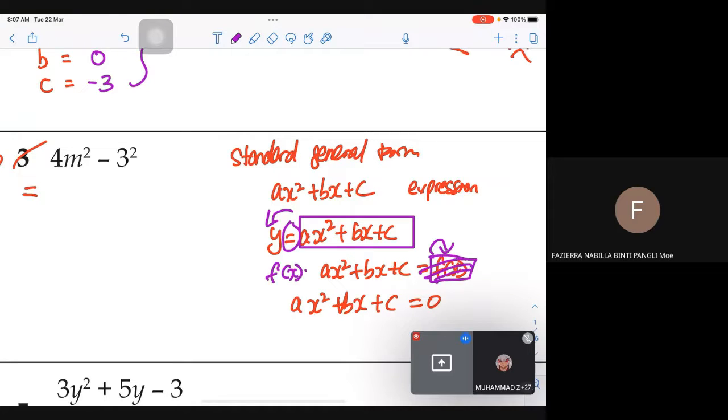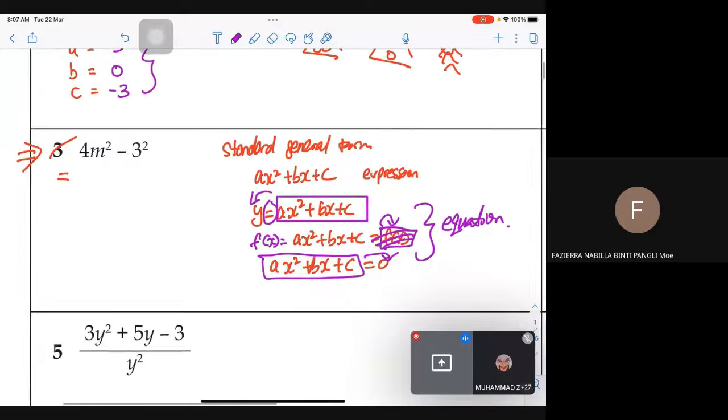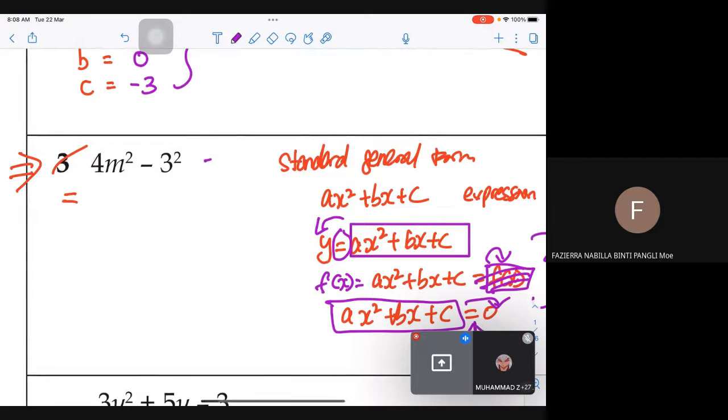This one is equal to 0. So this is an equation. The equal sign must be at the middle, but this is an expression. So we still need to transform it to the general form.